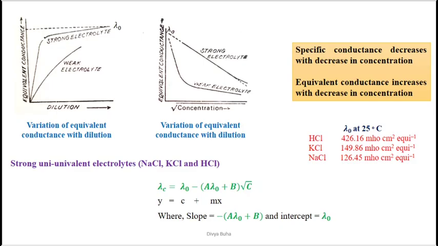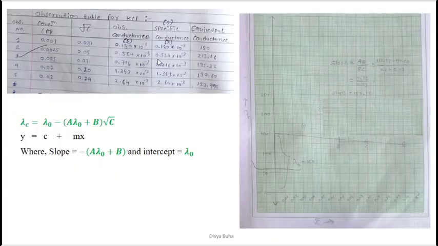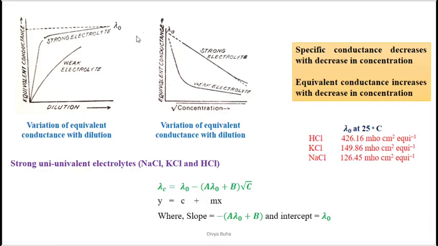We have also proved that with the change in the concentration of the solution, there would be variation in the equivalent conductance, and with the decrease in concentration, equivalent conductance would increase. So we have proved both things. The first is that at infinite dilution, the equivalent conductance attains a limiting value.